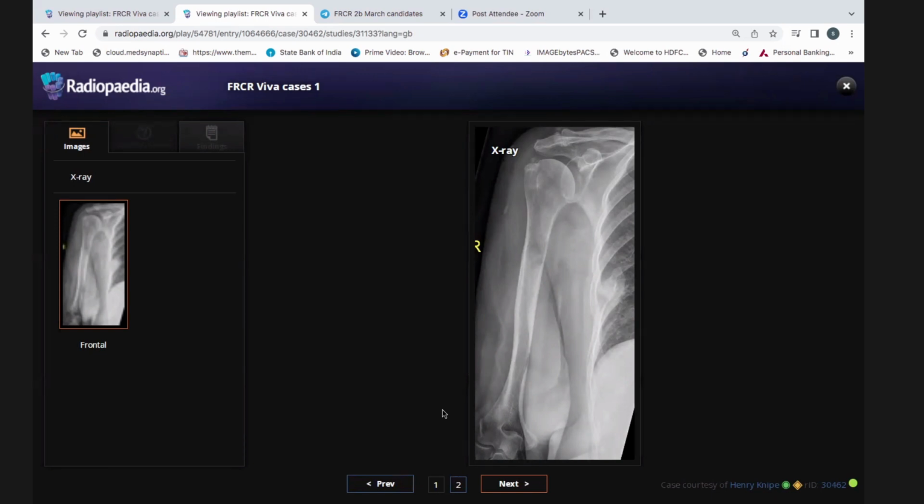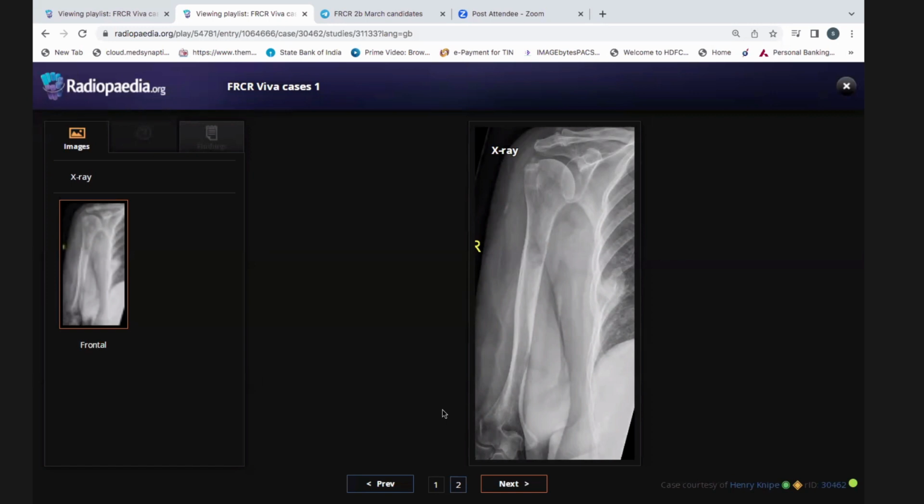Here again I review. I find that the mid shaft shows mild periosteal reaction along the diaphysis, and there is subtle ground glass opacity seen along the medulla.